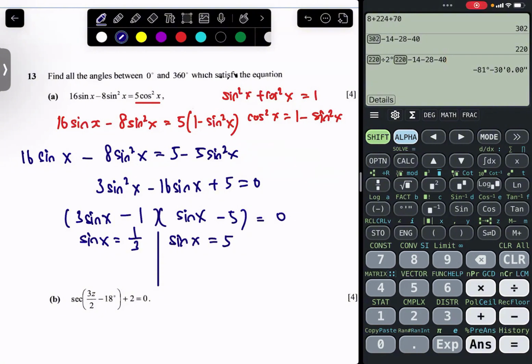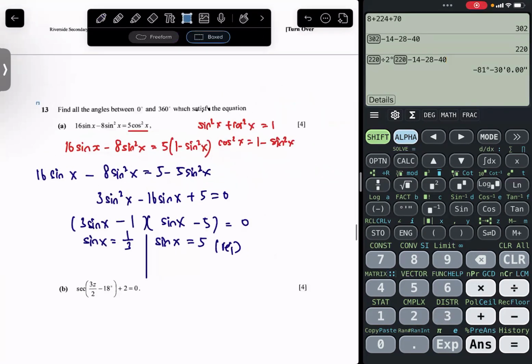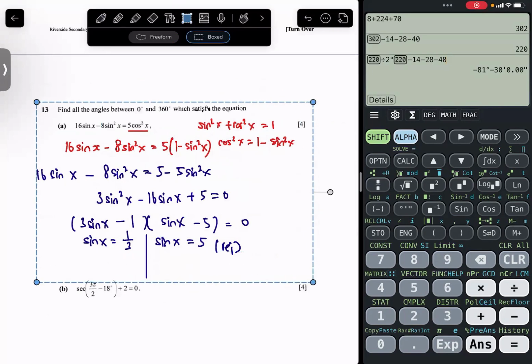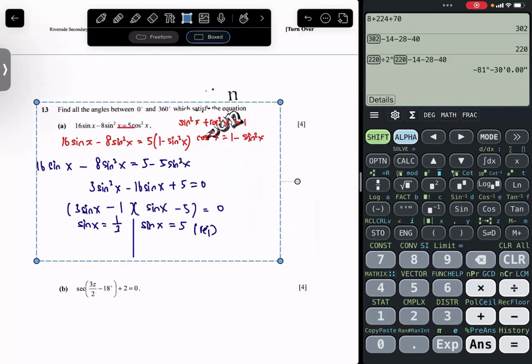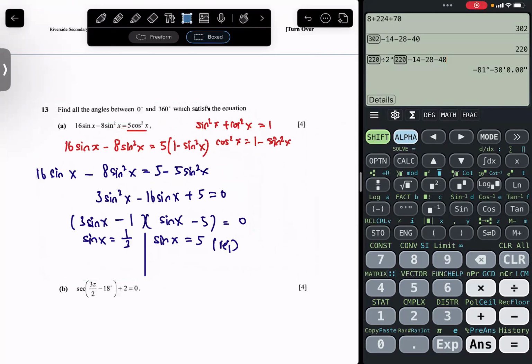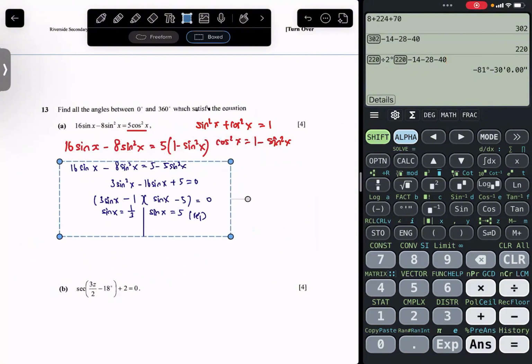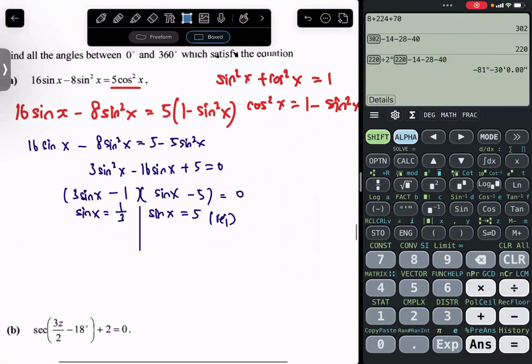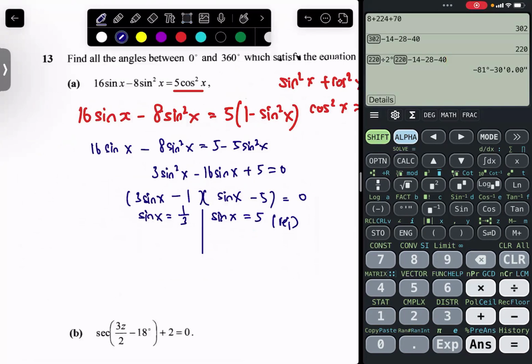Now sine x cannot be equal to 5 because the sine range is 1 and negative 1. So this one is rejected. But we are still not done yet because we are solving for x.